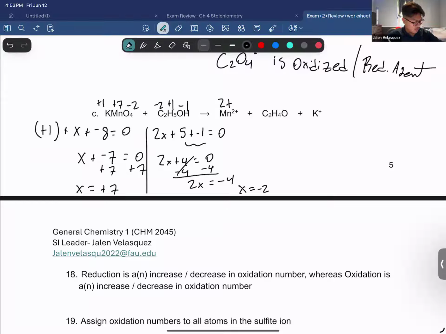So 2x plus 4 plus -2 is equal to 0. So we just solve from here. It works out that x here is equal to -1. So carbon's -1, H is +1, O is -2. And then we have K plus, so this oxidation number is just +1.